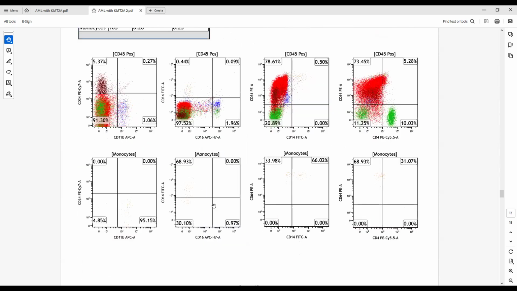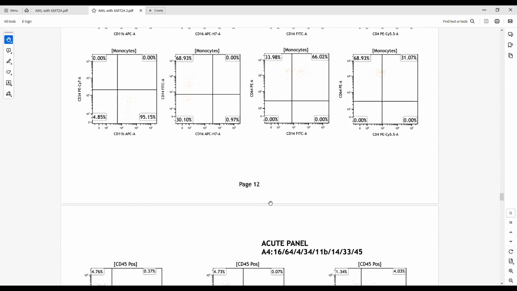And here, this is our monocytic tube. Our blast population is negative for monocytic markers, including CD11b, CD14, CD16, and CD64 is positive in most of the blasts in our population here. However, CD14 is the most specific monocytic marker and it's negative in this case.